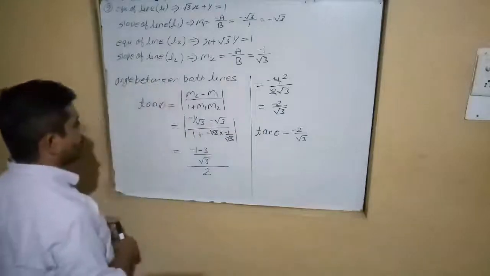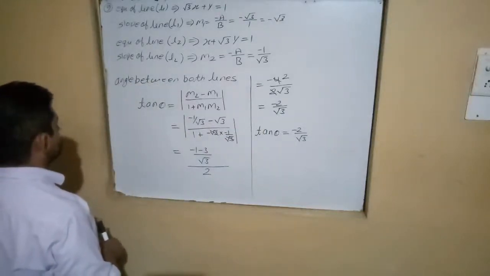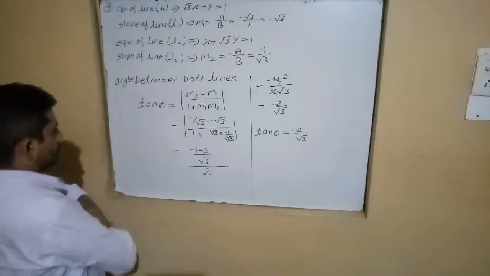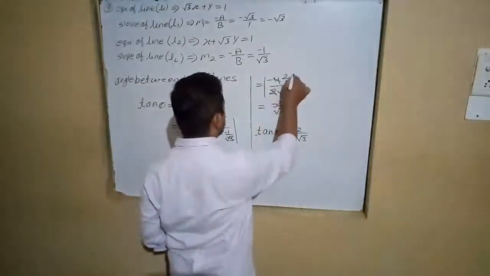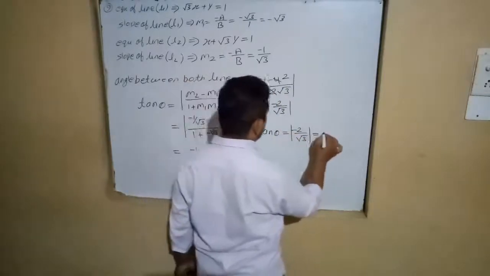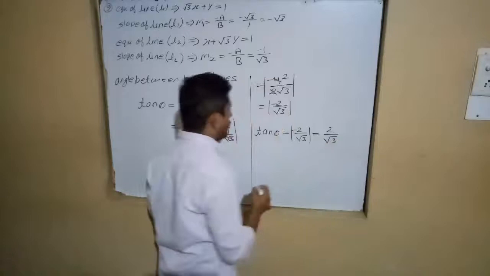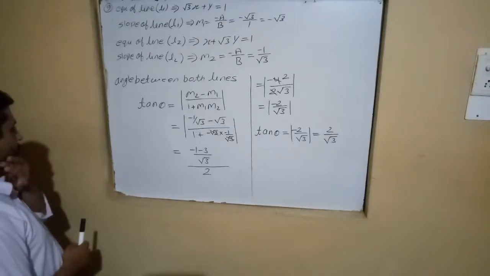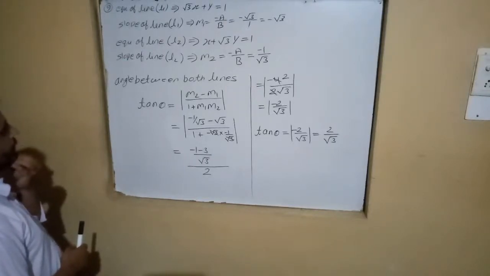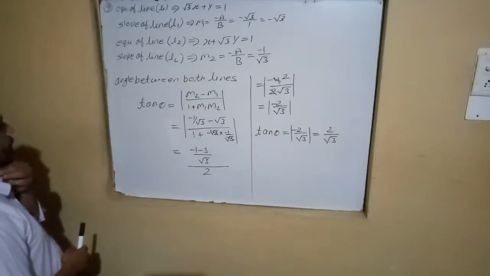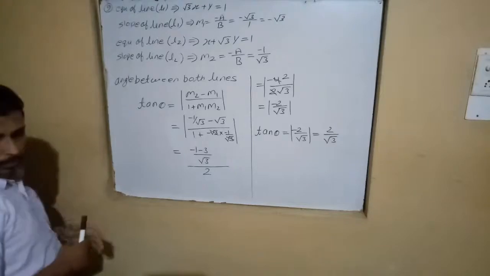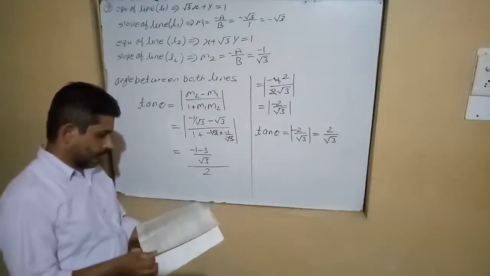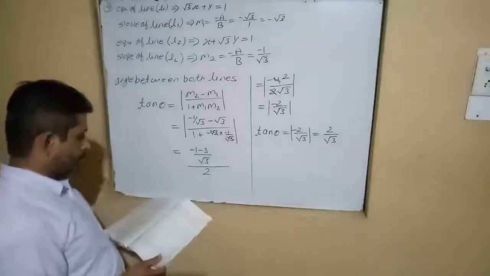Theta, tan theta is equal to 2 by root 3, and the value of 2 by root 3 is equal to minus a upon b. Minus a upon b, yes.